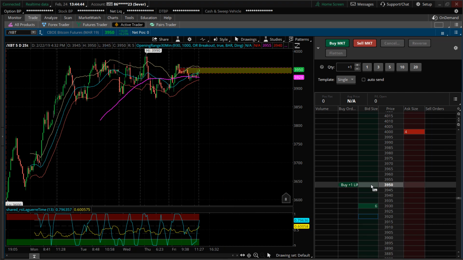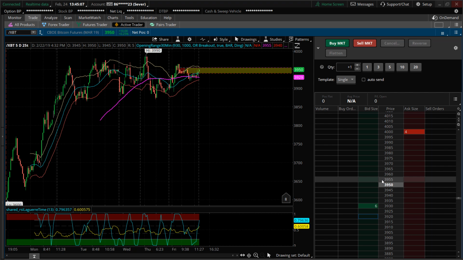Now we've talked about this several times so far: the per tick leverage of this contract. If I were to go long the contract, which is a bullish trade, and entered at, say, 39.50, if the price goes up by $5, Bitcoin versus the US dollar, my contract makes $5.